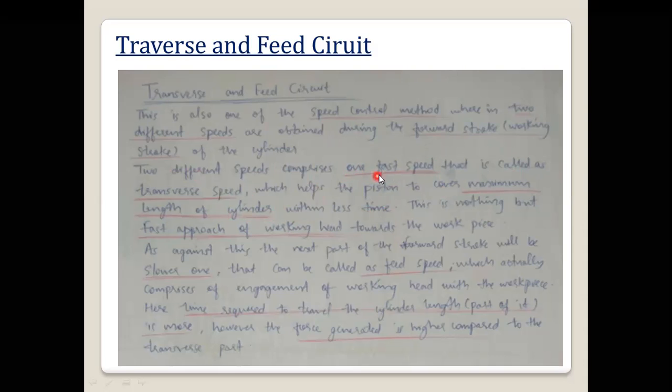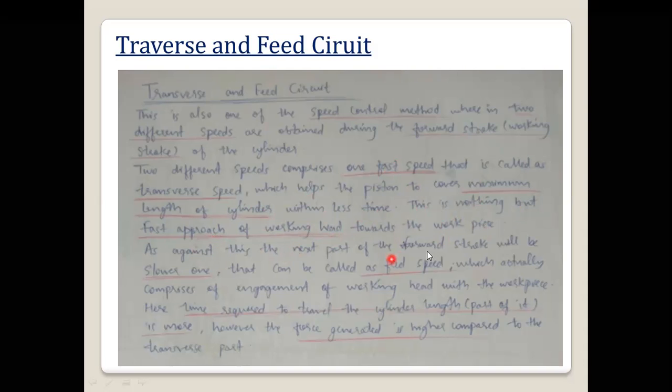The first one we call the fast speed, the traverse speed. It will cover the maximum length of the cylinder within less time. This is nothing but the fast approach of the working head towards the workspace. Here the speed will be very high.